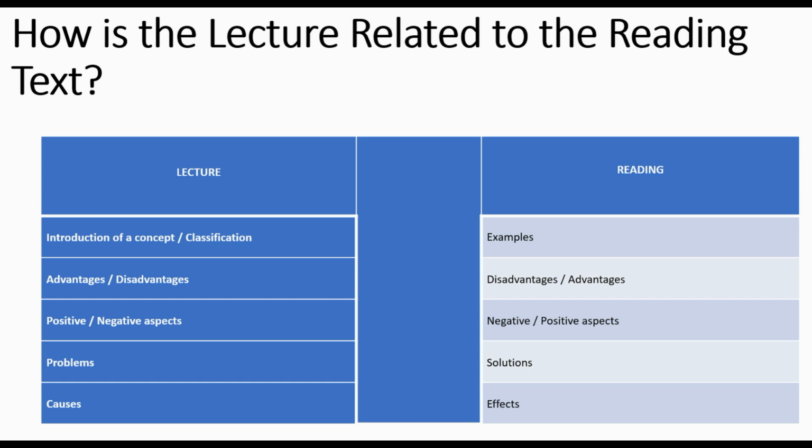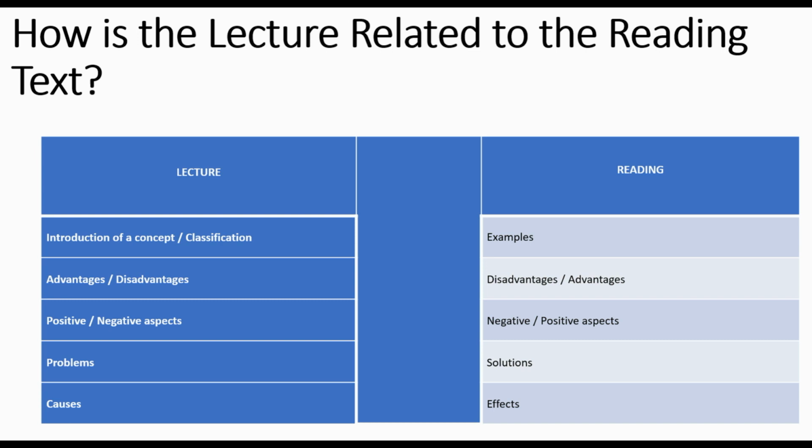Remember, I said earlier that the lecture and the reading text were about the same topic, but from a different perspective. And I told you that I would give you more information about different perspective. Let's see what the lecture and the reading text generally focus on. As you can see, the first one is introduction of a concept or classification.